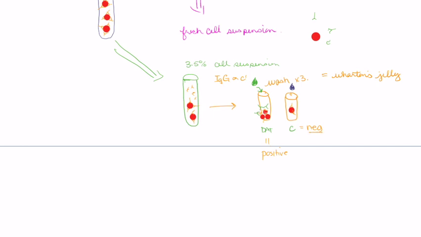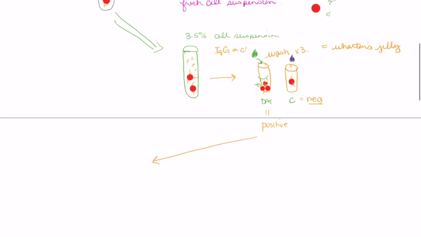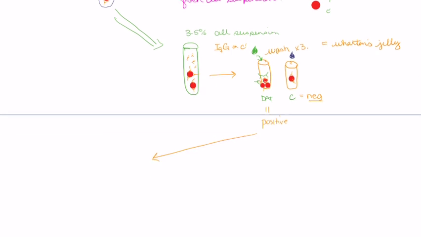Now, what do we do if we have a positive DAT? One thing we need to think about: do we care? Do you need to identify it between IgG or complement? Your facility may require you to do that. So you would set up 2 tubes.